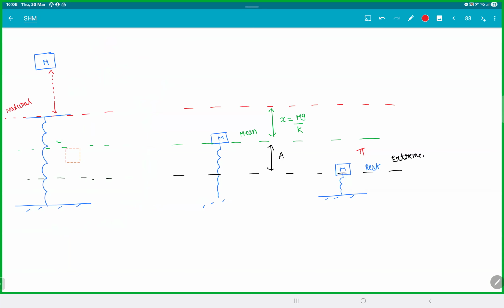This is my state 1. I can directly conserve energy from here to here.